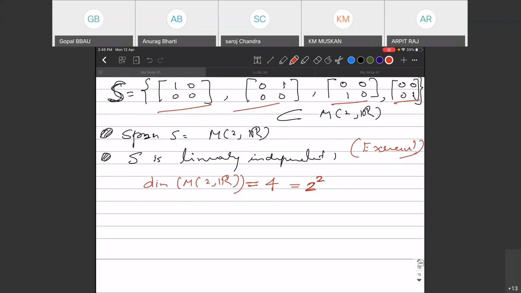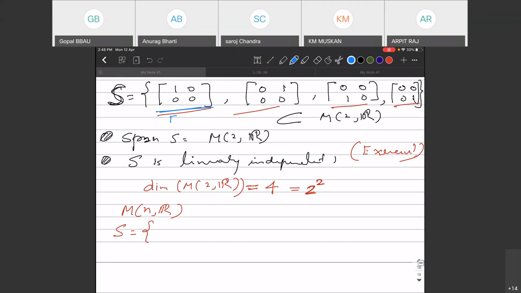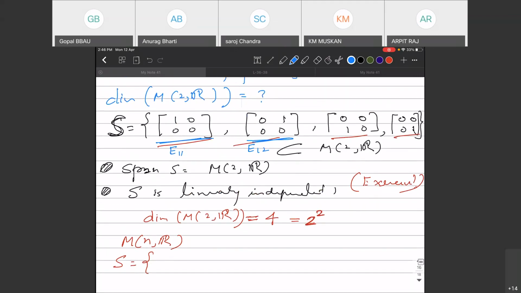Okay, now if you take M_n(R) and take this set S like this, we call the first element E11, the second element E12, the third E21, the fourth E22.